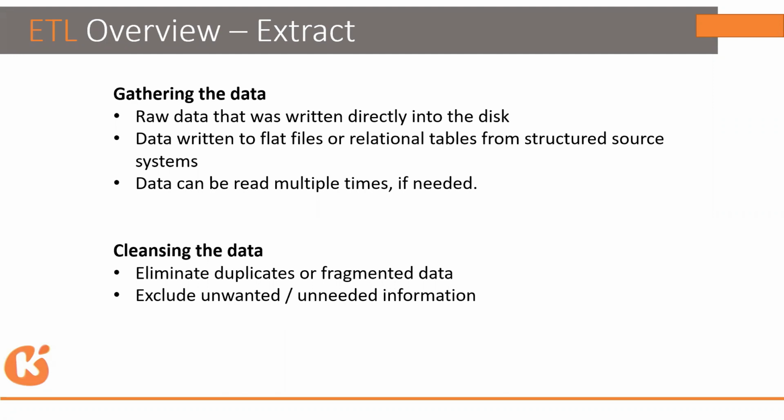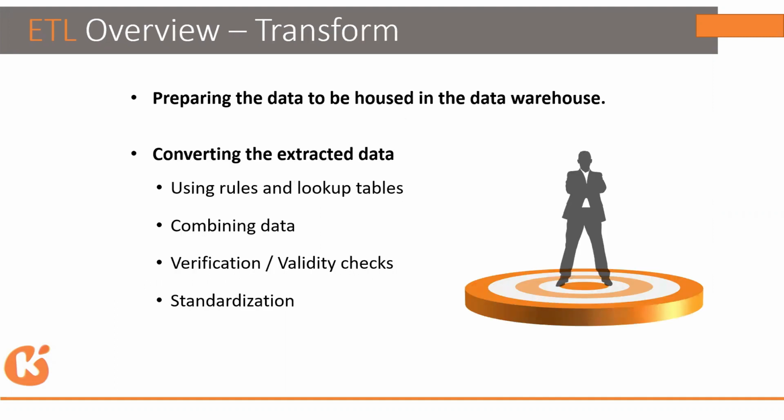Once we read the data from the table or flat files, we need to see whether the data has some duplicated or unwanted information which needs to be cleansed, so that it will be in a proper readable format before doing any transformation or mapping. That is the data cleansing activity we do. If there are duplicates, we need to fix those issues and remove the duplicate data. And if there are special characters or unwanted information, we also need to exclude that.